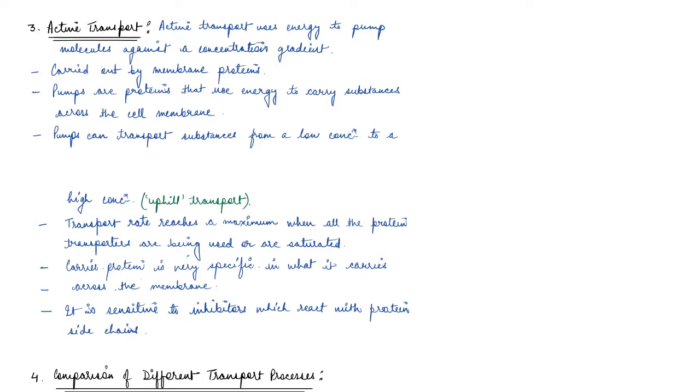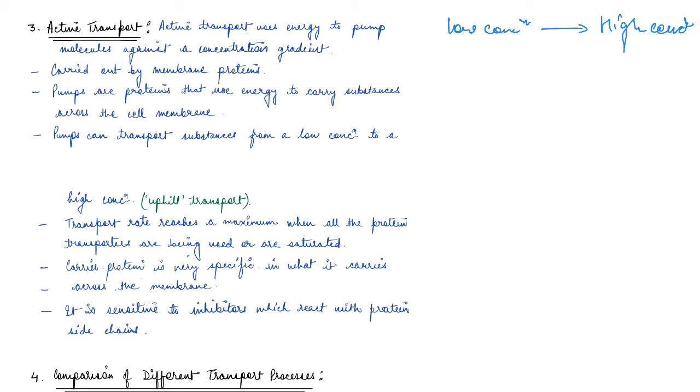So basically, you can move the molecule from low concentration to high concentration, right? So active transport is carried out by membrane proteins, right? So there are different proteins in the membrane which play a major role in both active as well as passive transport, right?